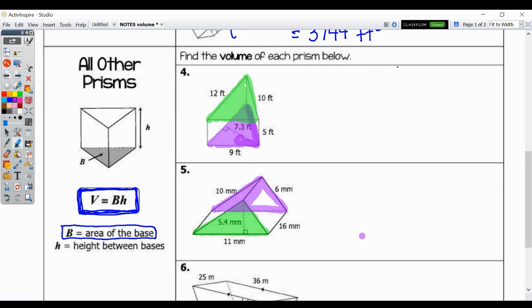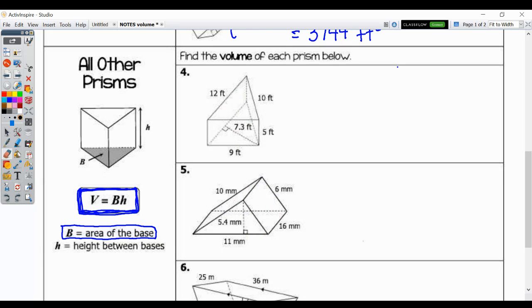Those are your bases. It doesn't matter how the figure is sitting on the surface. If you're working with a triangular prism, you choose one of your triangles to be your base. All right, so let's go ahead. I'm going to erase that so I can start. I just wanted to explain that before we got going.